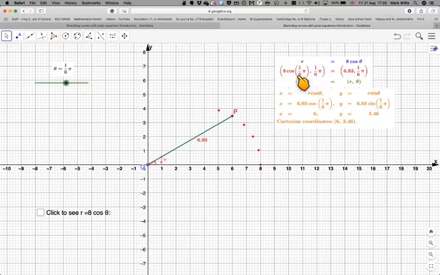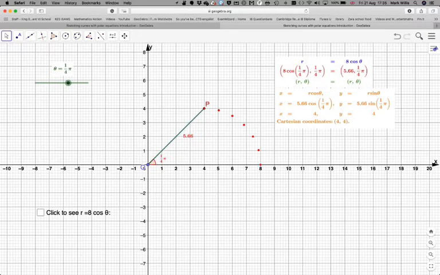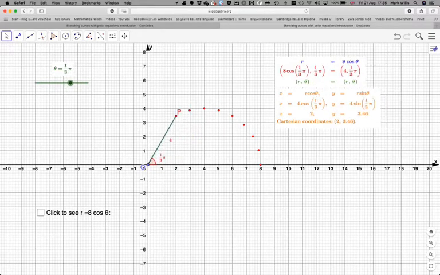So we've got 8 cos 1/6 of pi, and the angle is 1/6 of pi. If you work this out, you get 6.93, pi over 6. That means this line has to be 6.93 long, and the angle it makes with this axis will be pi over 6. If we move this along, the length is getting shorter, but the angle is getting bigger.